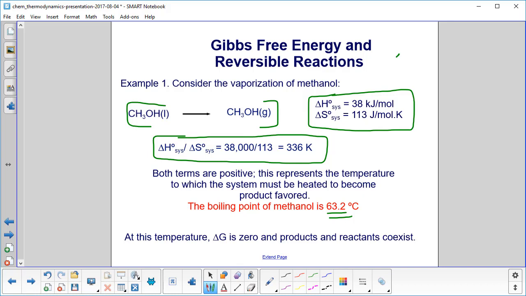Both terms are positive up here, so this represents the temperature to which the system must be heated to become product favored. Therefore, the boiling point of methanol is 63.2 degrees Celsius. At this temperature, delta G is 0, and products and reactants coexist. This temperature right here. You go above it or below it, and either one of these will be favored.